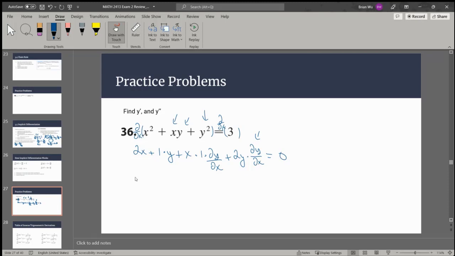Okay, so if we simplify real quick, we get y plus x times dy over dx. And note that if you prefer, you can also use y prime as the equivalent, it's still a derivative, right? But I'm just going to use dy over dx for now.